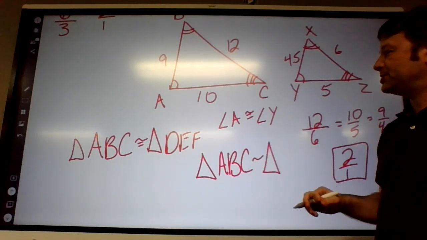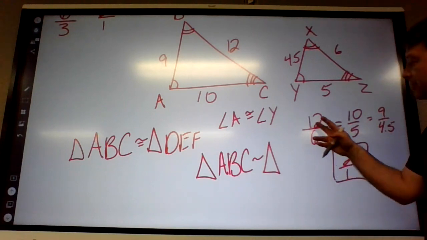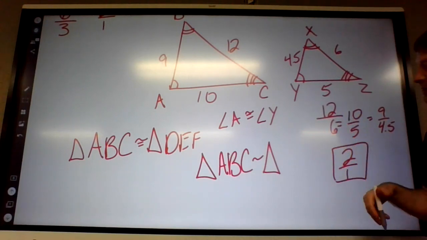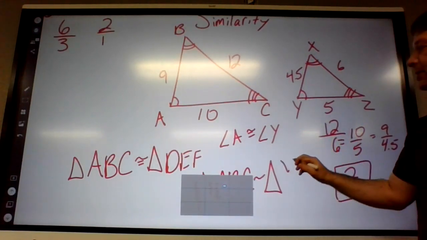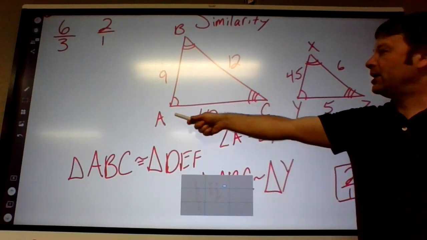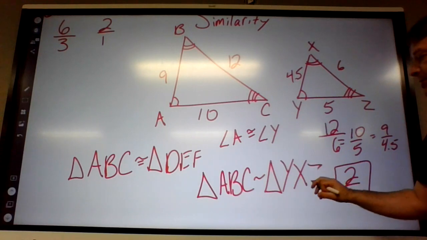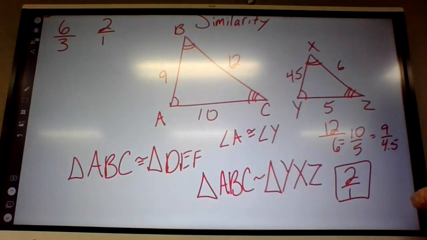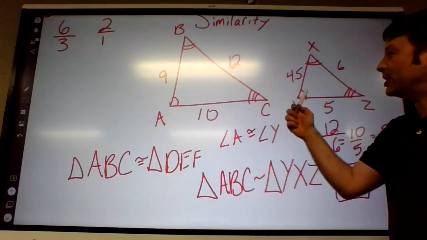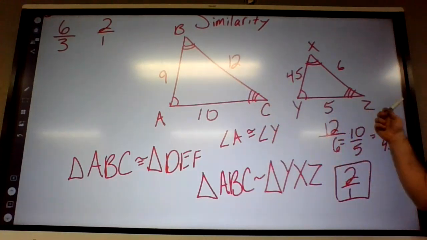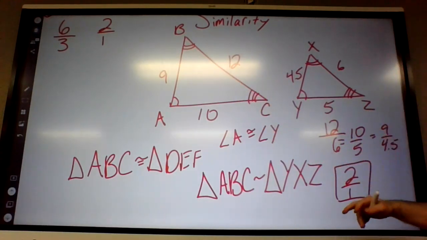So triangle ABC is similar to triangle what? YXZ. Right, you have to match it, so it's not alphabetical order. A matches Y, B matches X, C matches Z. You have to do it in matching order.